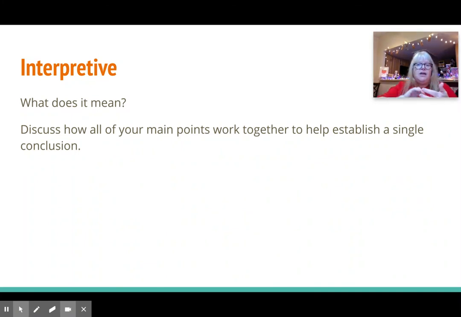So for example, if I'm talking setting, conflict, and character, I might say that, post 9/11, when someone was already feeling so much trauma, when they had conflict with other characters or within themselves, they find themselves, I don't know, and then whatever the theme is, running away from their trauma or overflowing with emotion that they can no longer control, or whatever it was that you said. So talk about how those main points, those literary devices, work together to create this overall message.